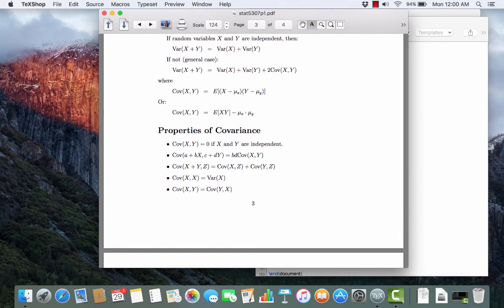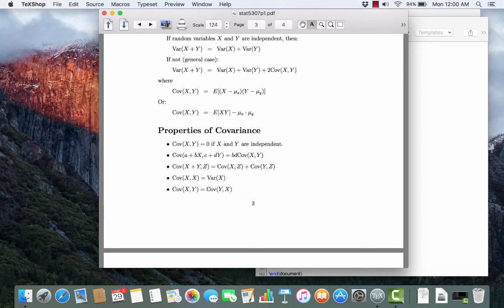Now let's look at some of the properties of covariance. If x and y are independent, then the covariance of x and y is 0. The covariance of a plus bx, c plus dy is b times d times the covariance of x and y. The covariance of x plus y, comma z is equal to the covariance of x and z plus the covariance of y and z.